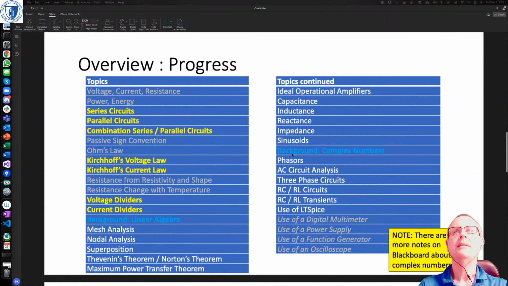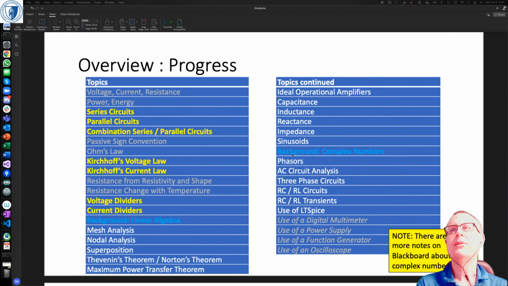So that's the overview. As far as I'm concerned, we've covered the items in grey in the left column: voltage, current, resistance, power, energy. We've covered passive sign convention and Ohm's law, talked about resistance from resistivity and shape, and resistance change with temperature.